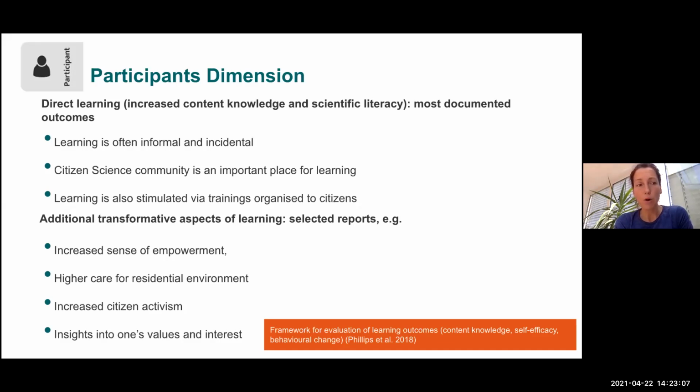And this learning is often happening rather informally in the community itself, when the citizens start to talk with each other, or start to talk with the scientists. And it can also be stimulated, for instance, via trainings, where the citizens receive training before they are involved in the scientific activity. And then there are, of course, more aspects related to learning.